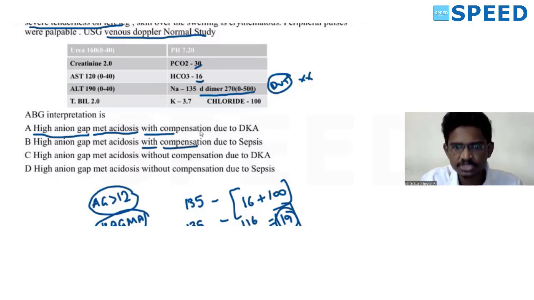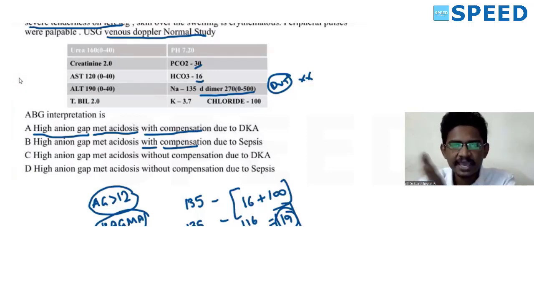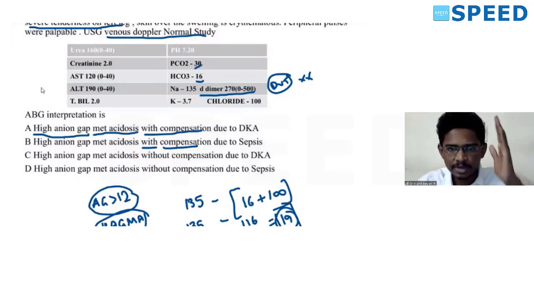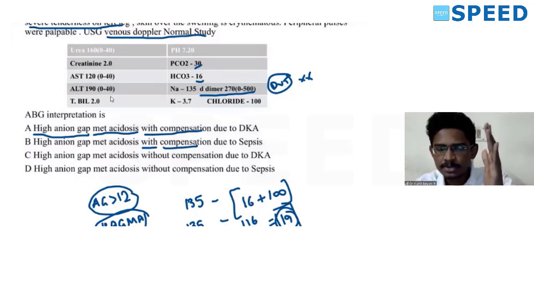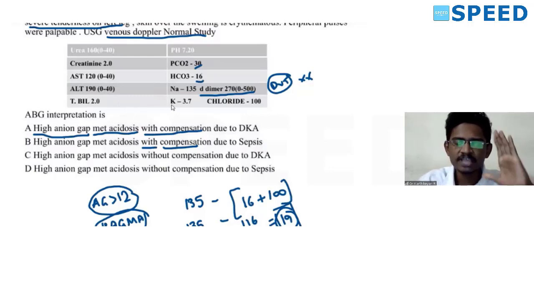Yes, with compensation only. I calculated the formula: partial pressure of carbon dioxide is equal to 1.5 times the bicarb plus 8 plus or minus 2. 1.5 into 16 plus 8 plus or minus 2. I got expected PCO2 in the range of 30 to 34, and this is 30. Yes, I am on the right track. It is completely compensated.